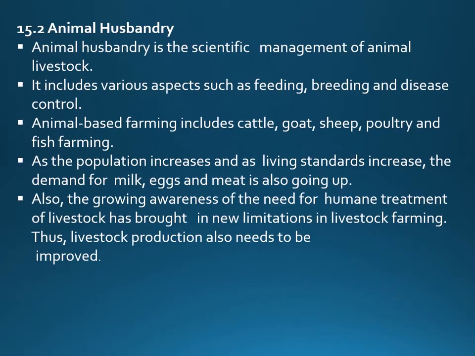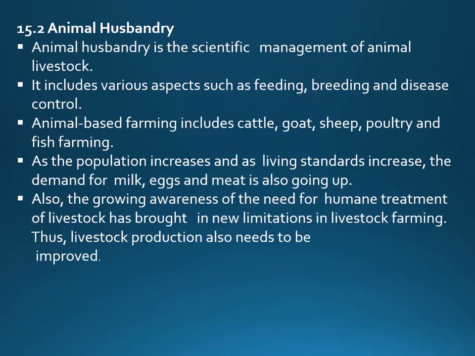It includes various aspects such as feeding, breeding and disease control. Feeding means nutrition, breeding means the reproductive process, and the animals may be affected by disease, and those diseases have to be controlled. Animal based farming includes cattle, goat, sheep, poultry and fish farming.